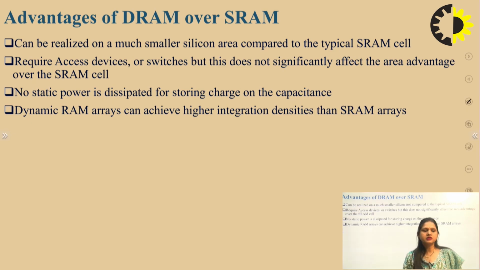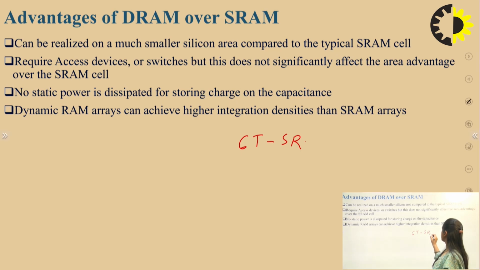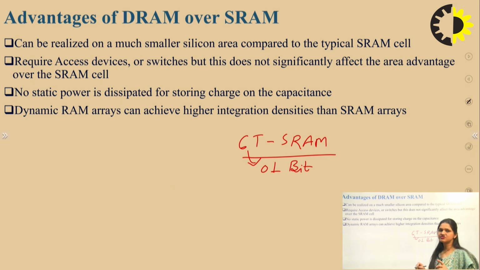Also, if we see the standard static SRAM cell, the transistor requirement is 6. The popular static SRAM cell is known as 6T SRAM. That means to store a single bit, we require 6 transistors.